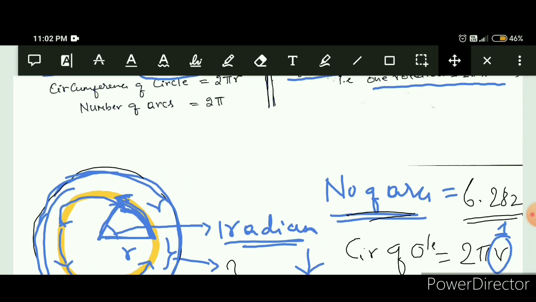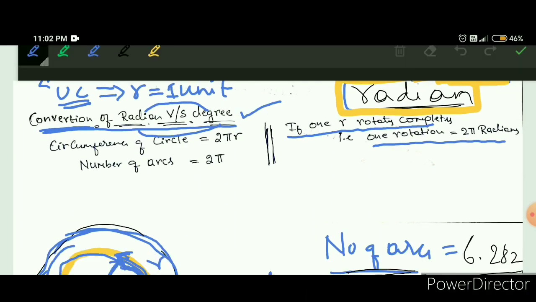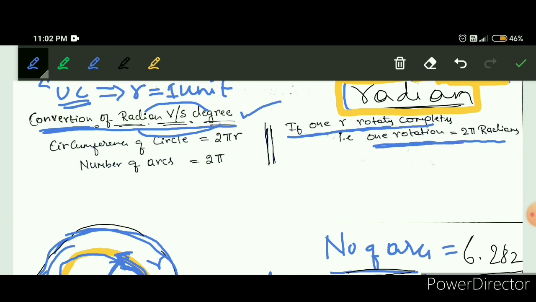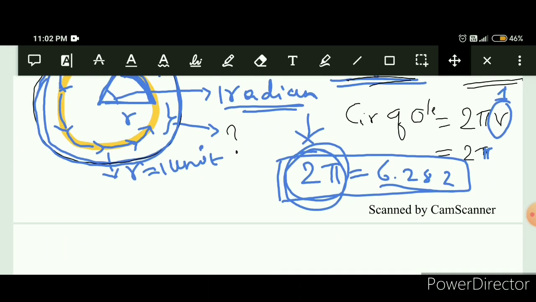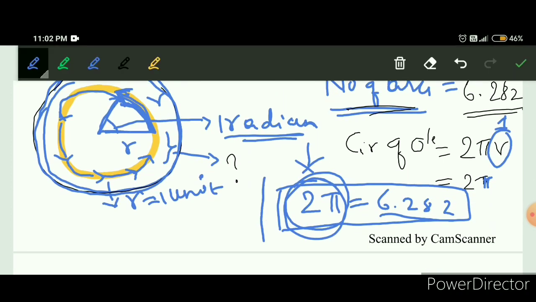So from this we can write: one r rotates completely, one rotation must be 2 pi radians. And we also know that the circumference of a circle is 2 pi r and the number of arcs required is 2 pi arcs, because we get 6.282 arcs. We need 6.282 arcs to cover the circle. So 6.282 is equal to 2 pi. We already observed here 2 pi is equal to 6.282.